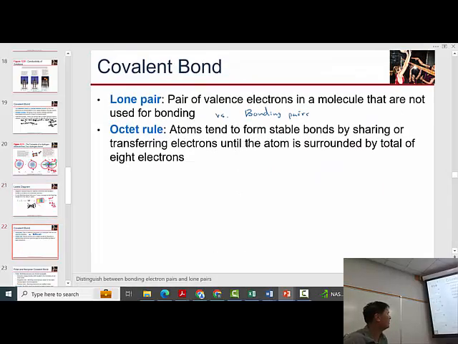We have the octet rule. This is for second shell and higher. For first shell, we don't need an octet. For first shell, there's only 1 orbital, the 1s orbital.